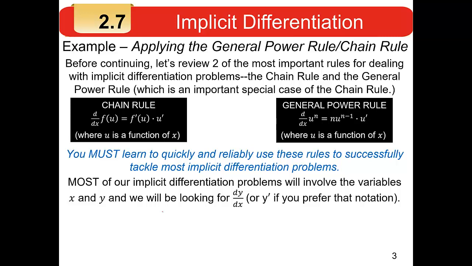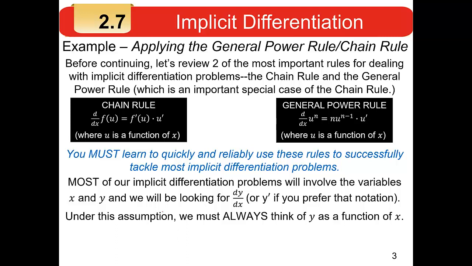Sometimes it's just a little easier to write y prime than dy over dx. I'm mostly going to stick to dy over dx, although I'll probably sprinkle in some y primes just because that's the way most of your homework appears. But you certainly are free to use y prime if that's easier for you to write.